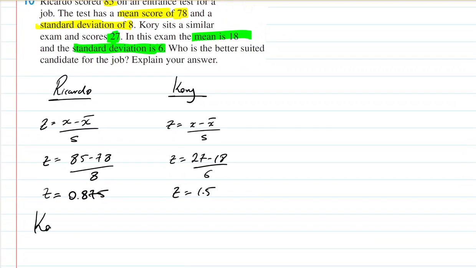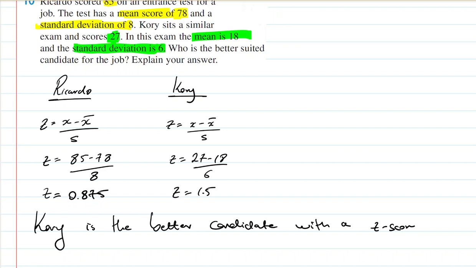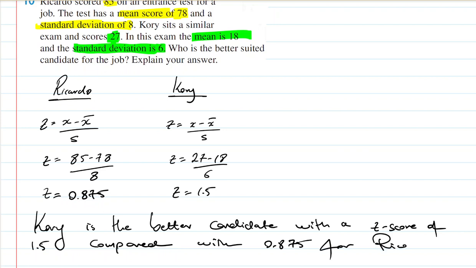In this case, Corey is the better candidate, with a z-score of 1.5 compared with 0.875 for Ricardo. I hope this is useful.